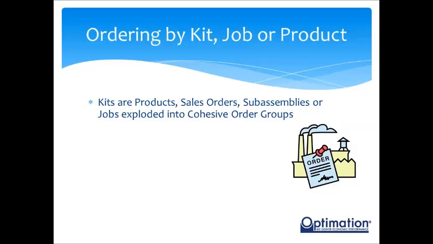For this presentation's point of view, we're going to call it a kit because that's kind of a generic term, a group of parts that are associated for some purpose or reason. Now, often these kits are made of dissimilar materials. Nesting systems in the past have had trouble with managing kits across multiple materials, and that's one of the things we're going to be talking about here in this concept.